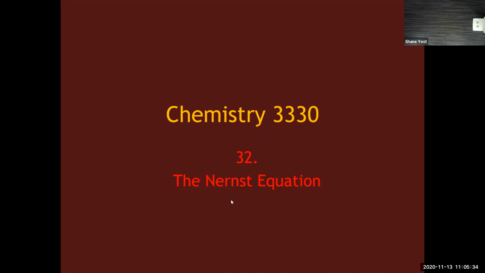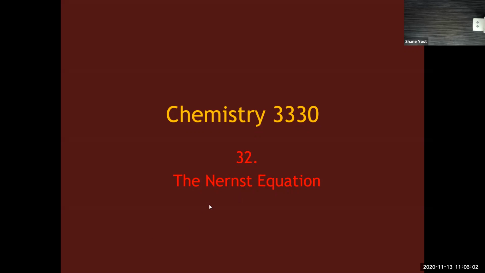Let's get started talking about electrochemistry some more. Last time we mainly reviewed the ideas and concepts of electrochemistry: redox reactions, oxidation half reactions, reduction half reactions, galvanic cells, cell potential, the standard hydrogen electrode, all those wonderful things that hopefully you'd seen before, but we'll refresh our memories.